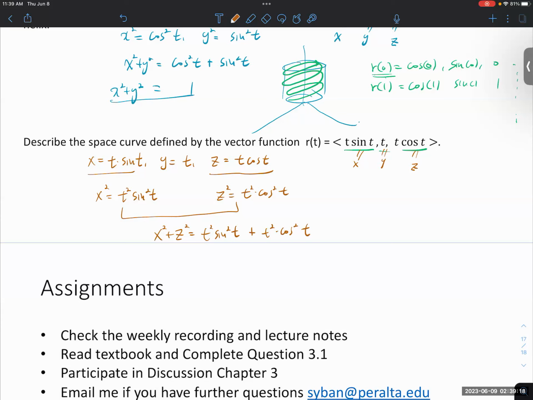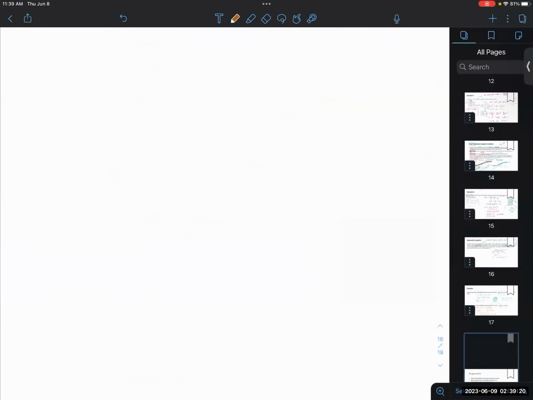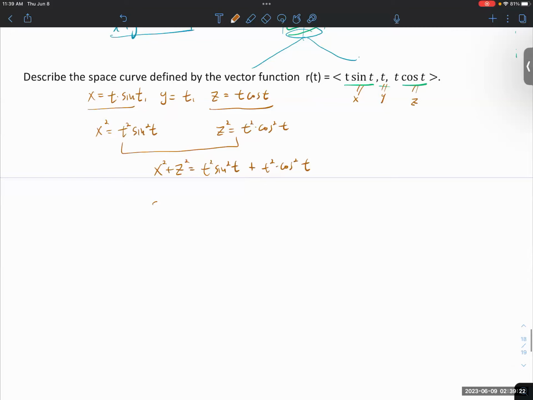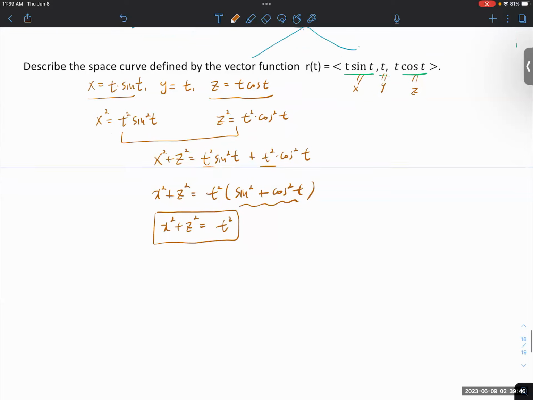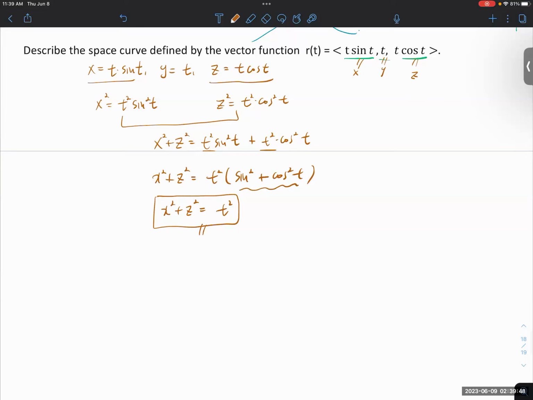So I'm going to make a little bit of space. So what is going on? X squared, Z squared, I can combine: T squared times sine squared plus cosine squared T. So this is going to be 1, correct? So we have T squared. This is going to be the Cartesian equation in terms of T. And then this is exactly a circle.